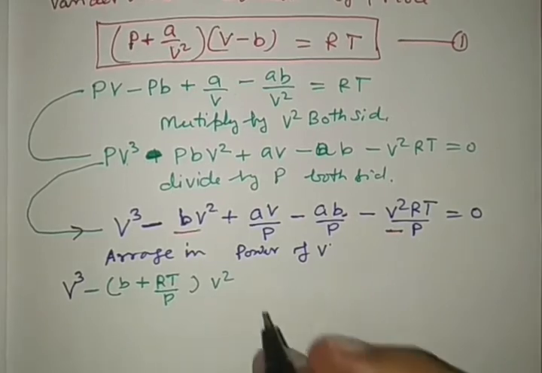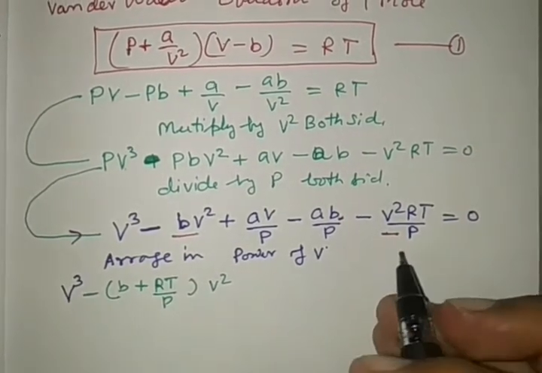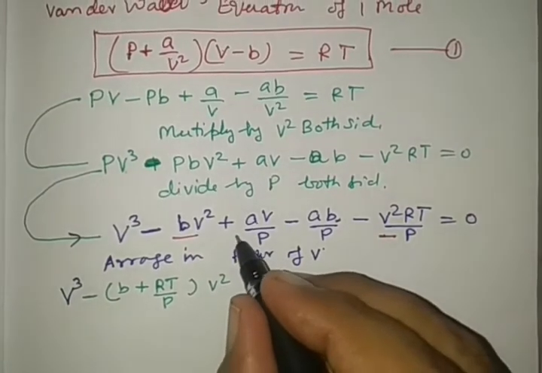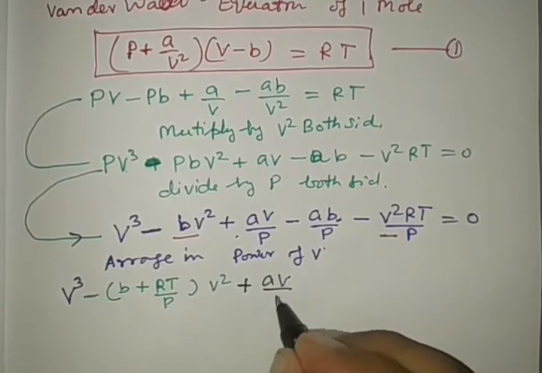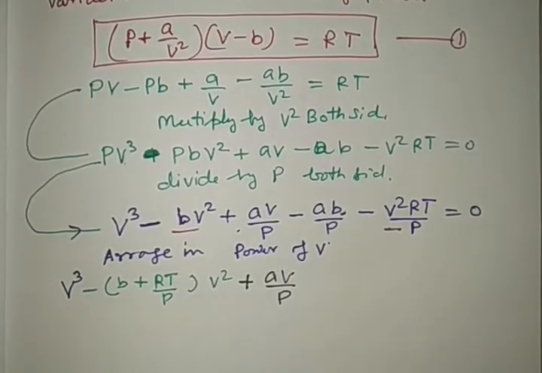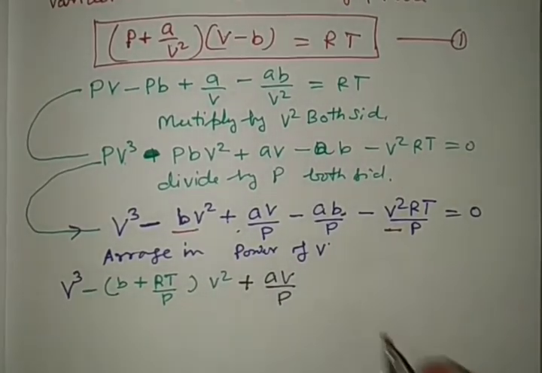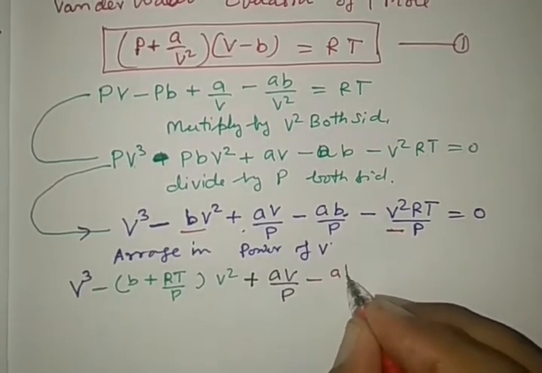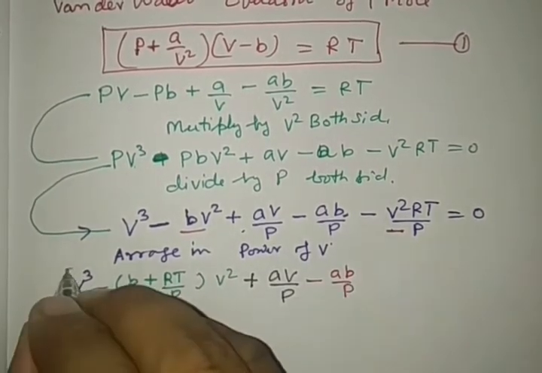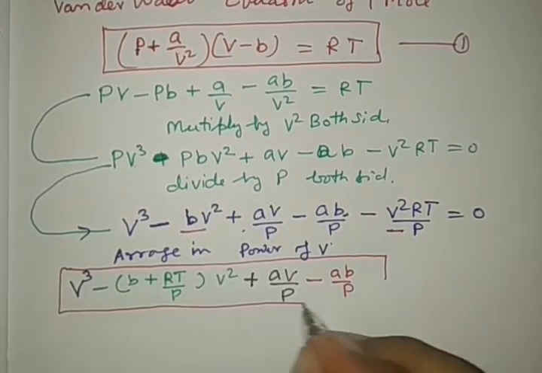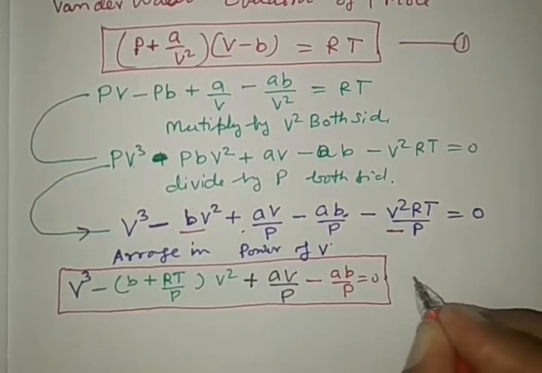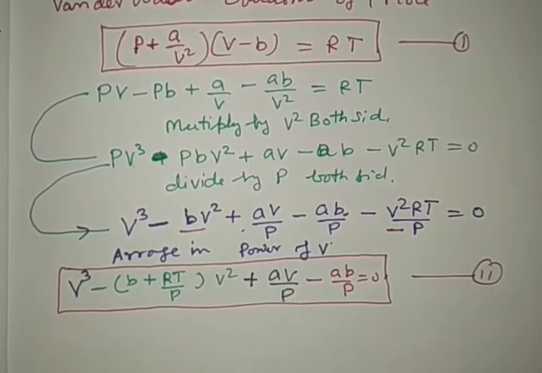The next term, the multiplier of V, is plus aV/P, minus the constant term ab/P, and it is equal to 0. This is equation 2.